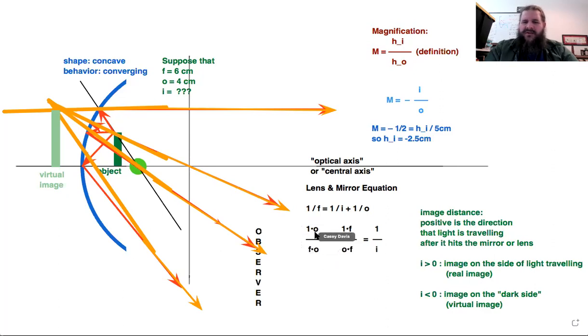So now we just subtract the numerators, O minus F over O times F, equals 1/I. And then what's the only other thing we still need to do to solve for I?